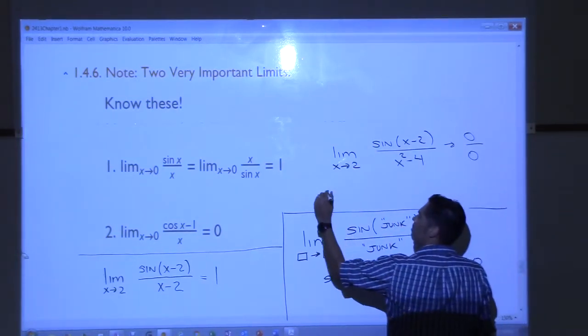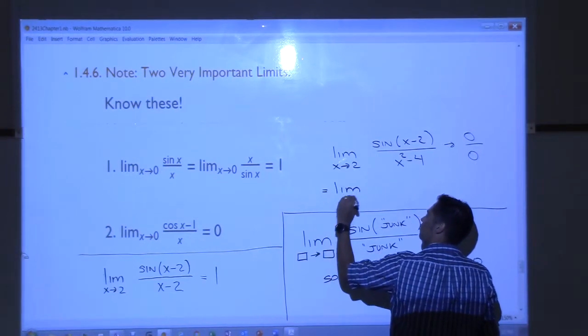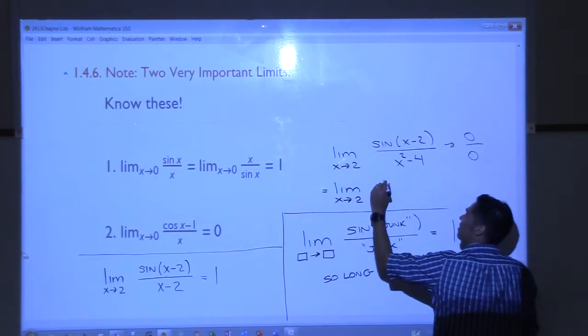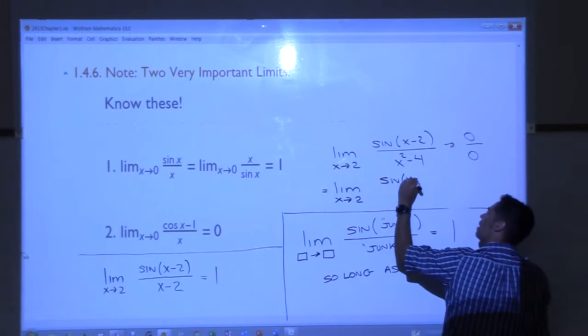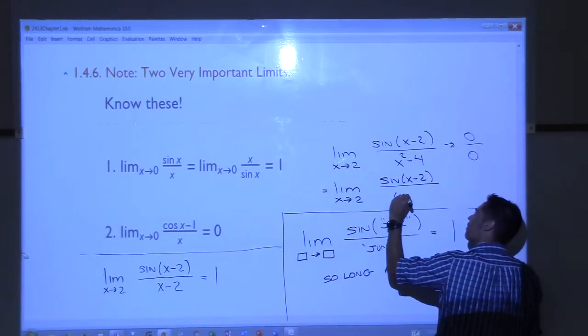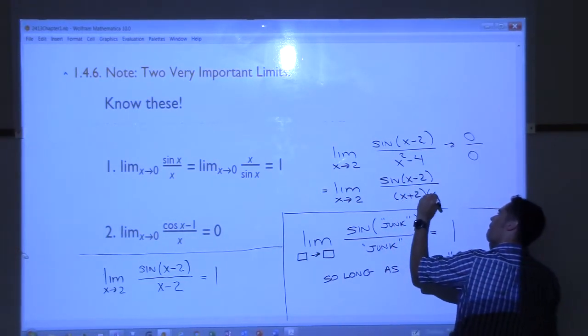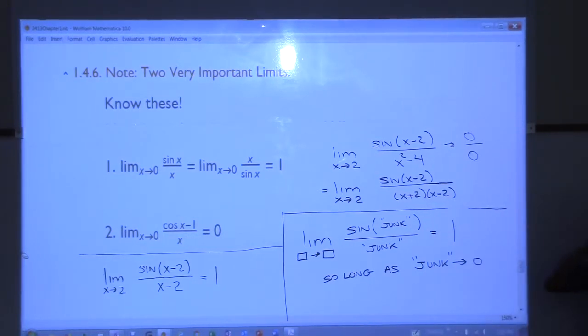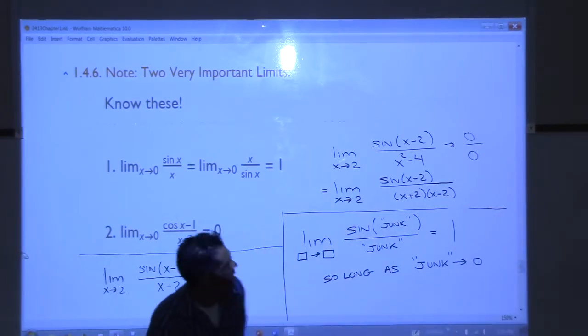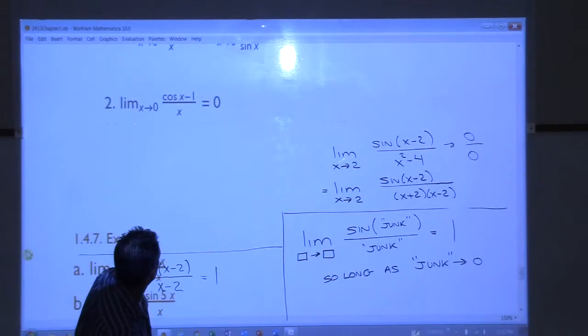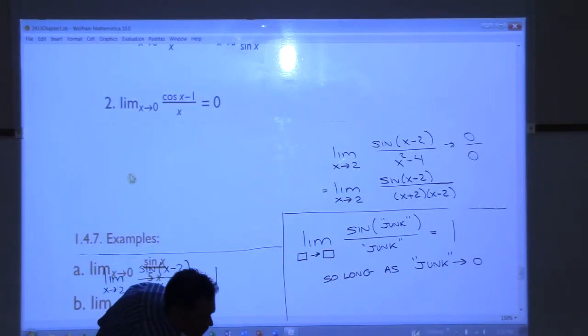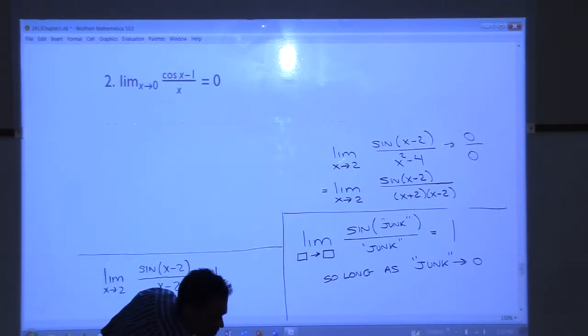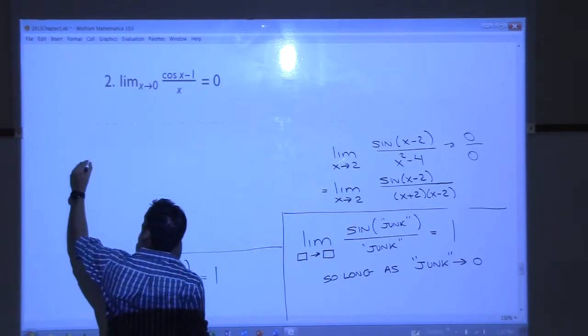So I'm just going to do a little bit of algebra first. I'm going to realize that the denominator is a difference of squares, right? Do y'all agree with that? Yes. Okay, now I will be able to use this, but I still want to try and convince you that I can. And I want to carefully show you how I'm going to do it. So the next line I'm going to write, it's going to look like this.